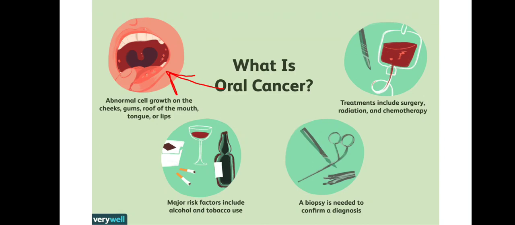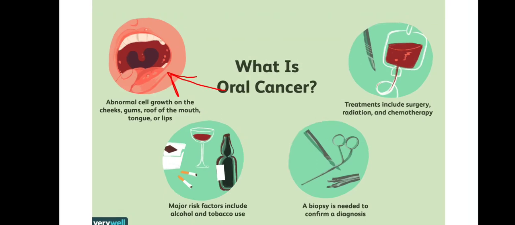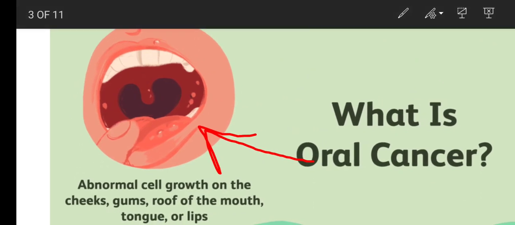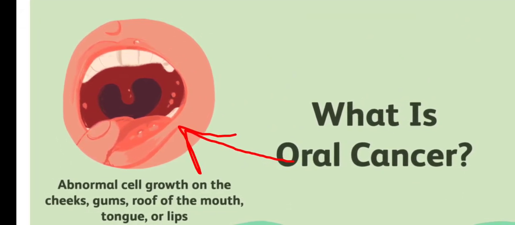In oral cancer, there is abnormal cell growth on the cheeks, gums, roof of the mouth, tongue or lips, and abnormal growths. Here, abnormal growths means any type of mass developed on the skin, right?